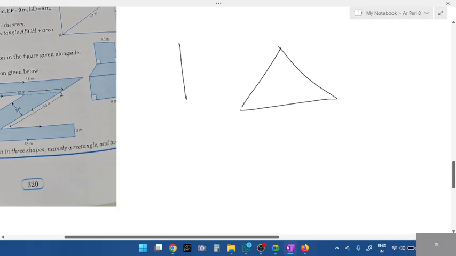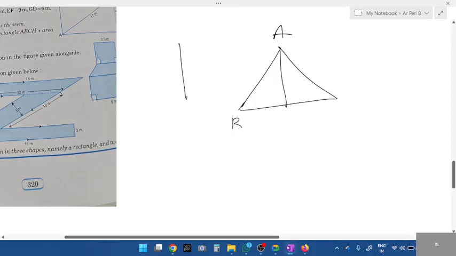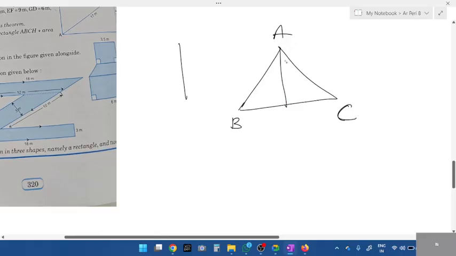And in right angle, see, there is another triangle called right angle triangle where A, B, C, and a line is passing like this. Height. This is height, 90 degrees.